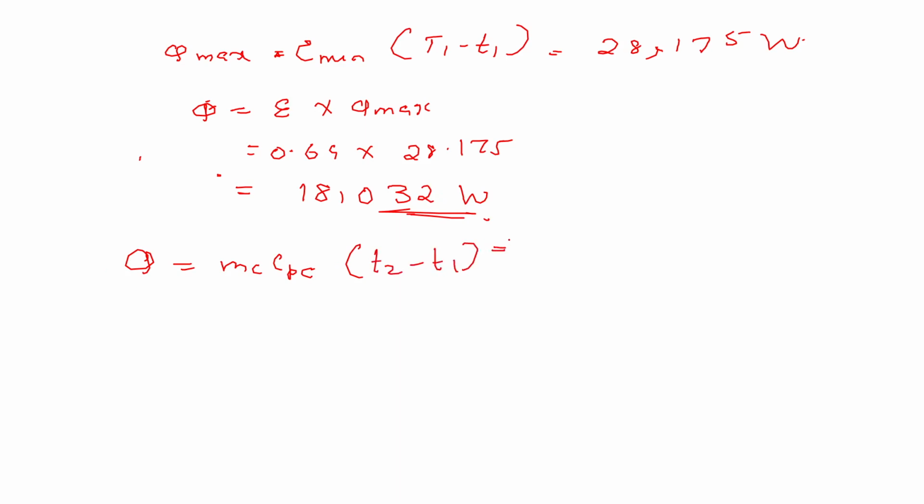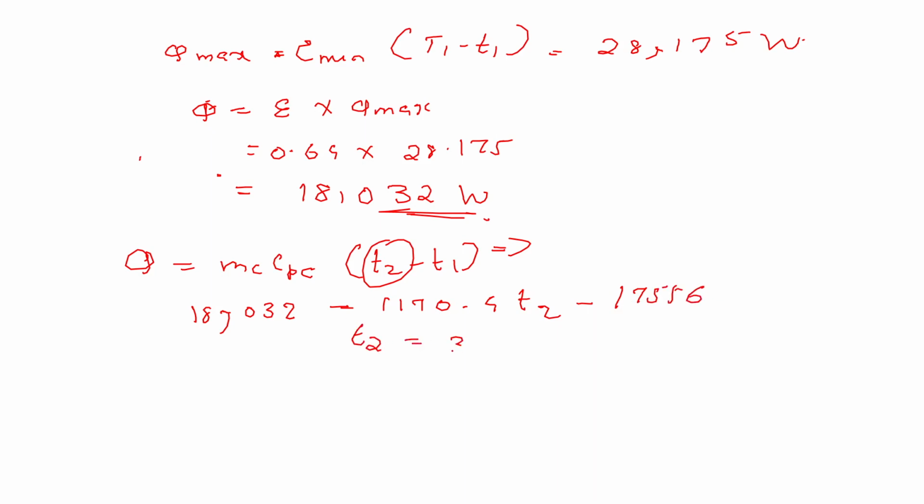If you substitute all the values, everything is given, only t2 you have to find from that. 18,032 is equal to 1170.4 times t2 minus 15, and from that you will get the value of t2 as 30.40 degrees Celsius.